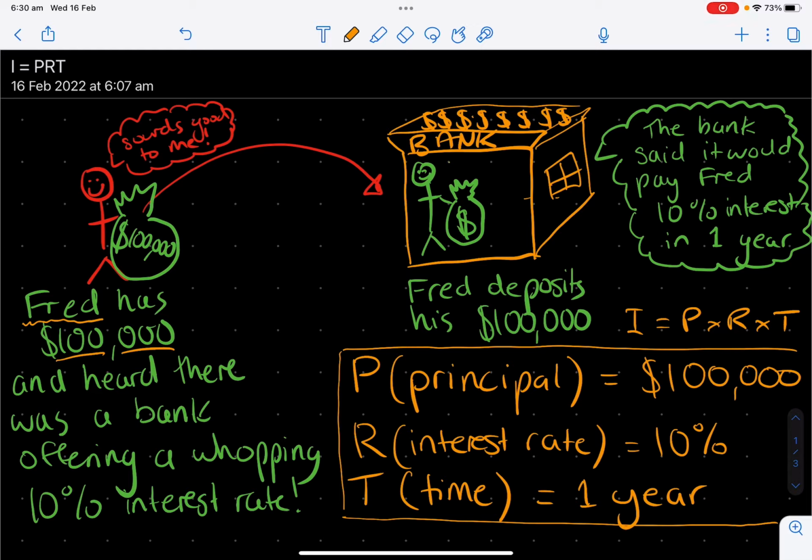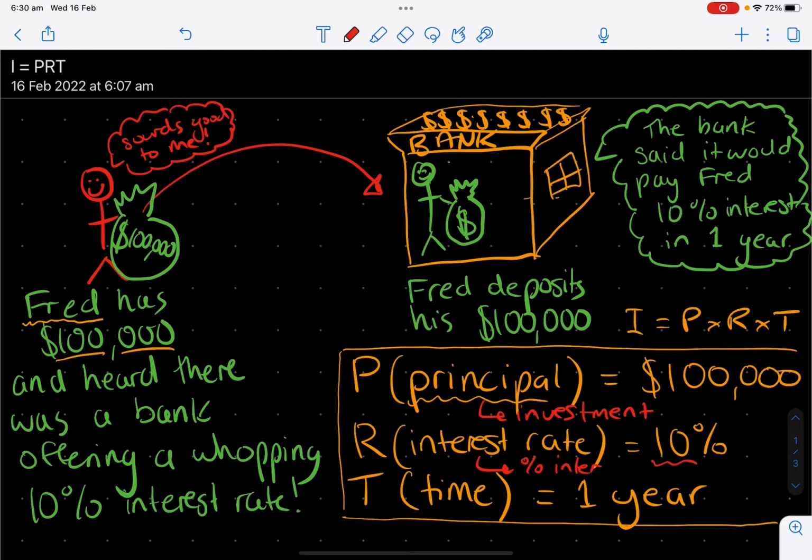So principal is the initial investment that Fred made. So this is Fred's $100,000. The interest rate is the amount of money, the percentage of what Fred has invested that they will pay Fred in 1 year, which is 10%.